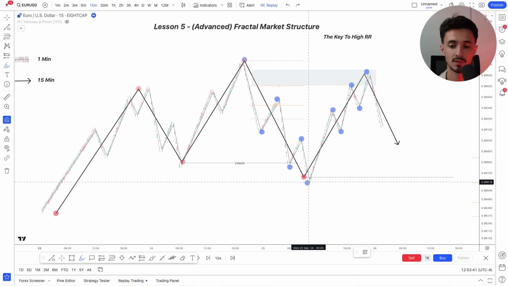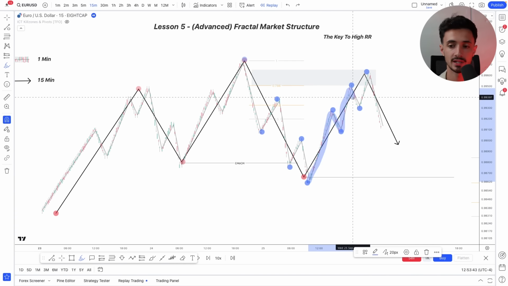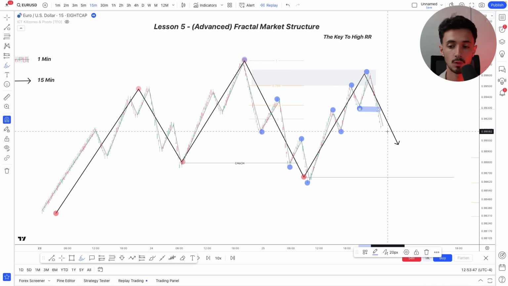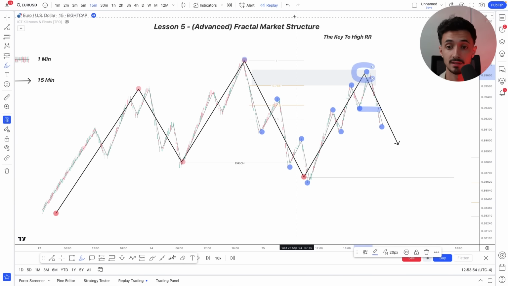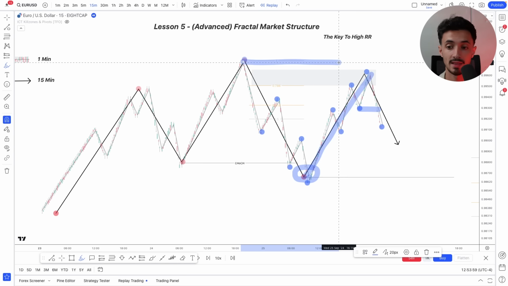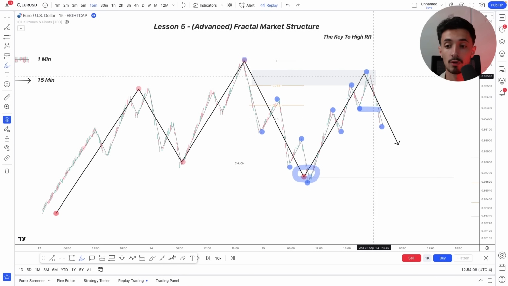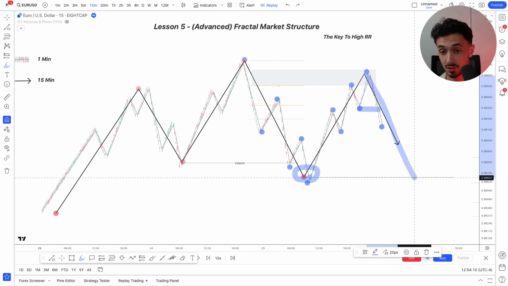Because when we see that when price pulls back, the 1 minute is bullish. The moment that price shifts from bullish to bearish, like this, on the 1 minute time frame, that is our sign. That's our trigger that this low right here has failed to break this high, right? That is the sign of reversal. That's where price starts respecting the high and trading away from it into the direction that we're already expecting price to trade into, right?